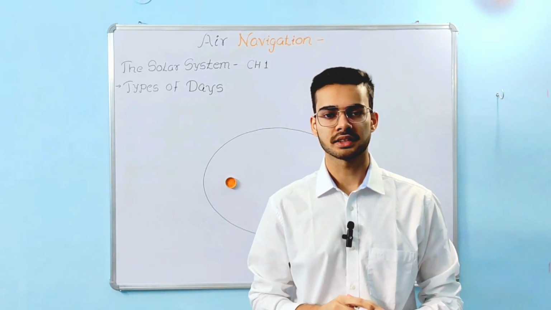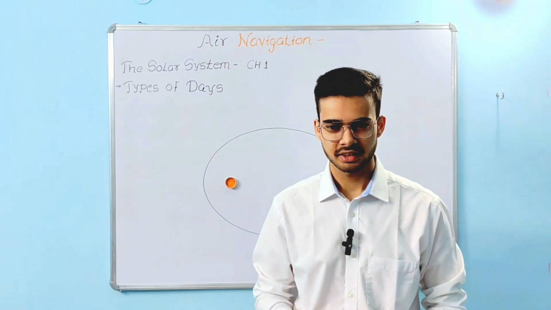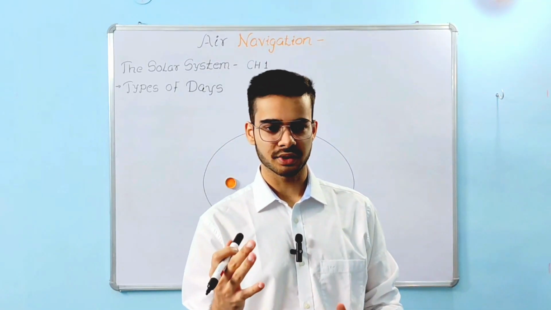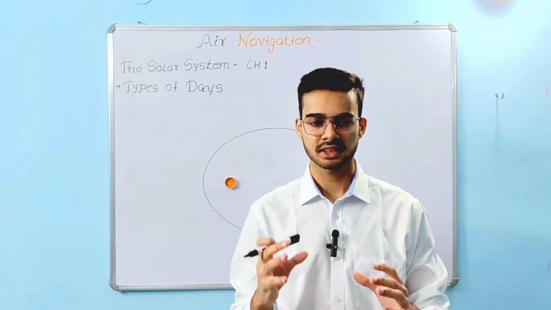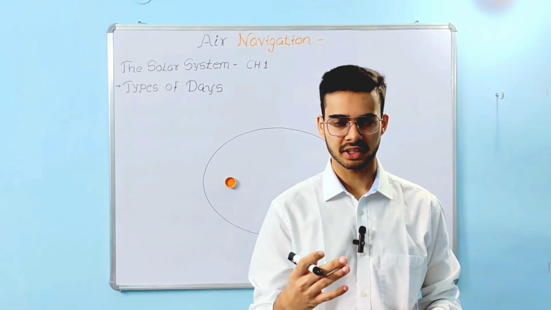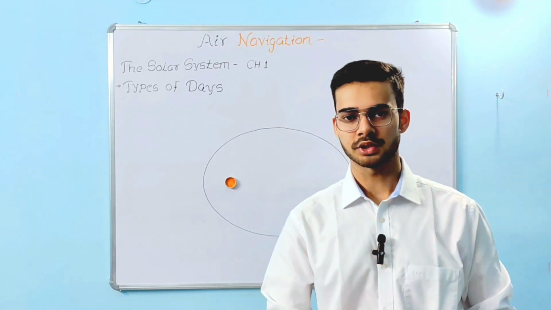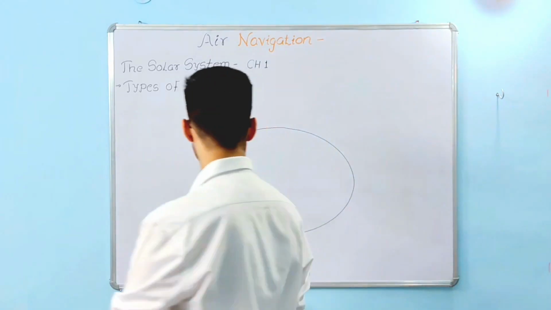That's real sun. The term real sun is being used. Why? Is there a fake sun? No. Later on, we are going to also study the mean solar day. In that, we are going to see that there is an imaginary sun. So that's why in this, we use the term real sun to not confuse between those. So let's understand what's apparent solar day first.